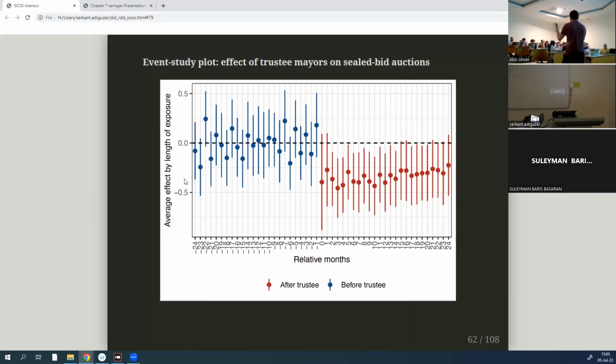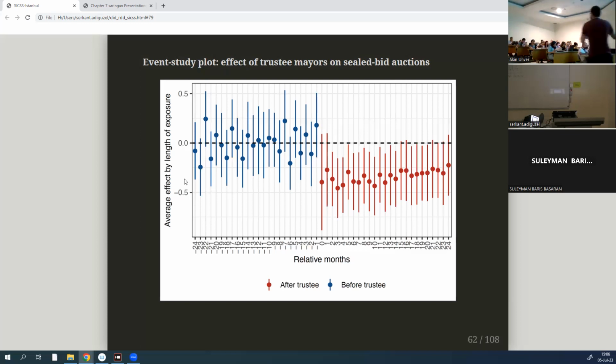So they are operating in the same southeast provinces, and we are just looking at what happens when trustees take over municipalities, and the outcome here is a sealed bid auction. This is just the most transparent way of delivering state contracts. State contracts, you can use different methods.